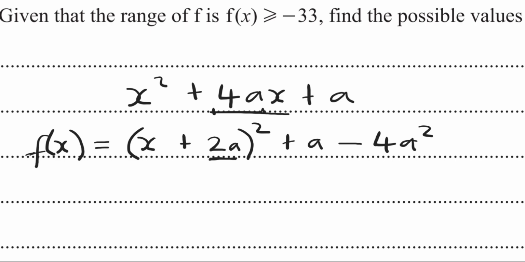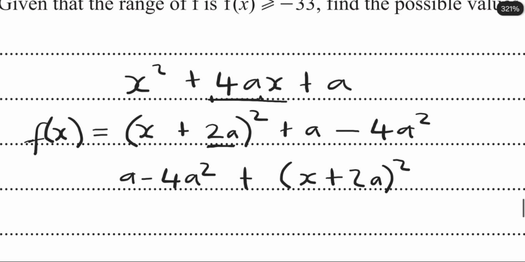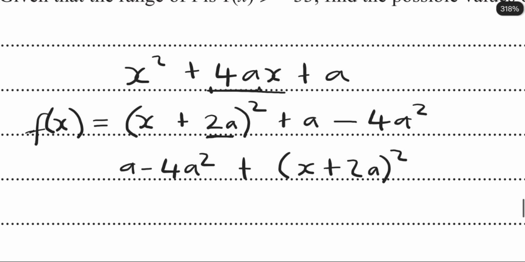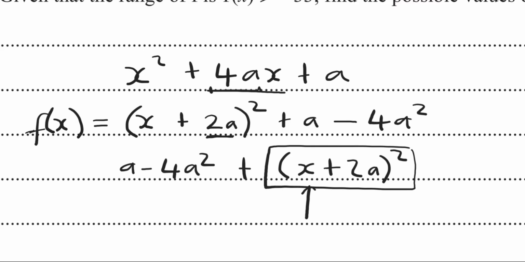With this, if we rewrite it to be a minus 4a squared plus x plus 2a squared, we see that for whatever value of x we input here, we'll get a non-negative value of this. In other words, we're adding the value that we get from x plus 2a squared to a minus 4a squared.